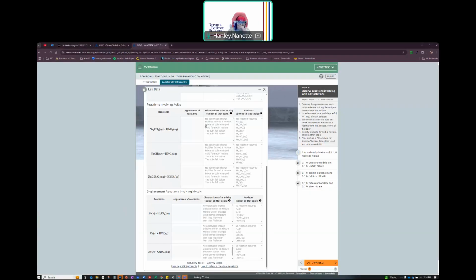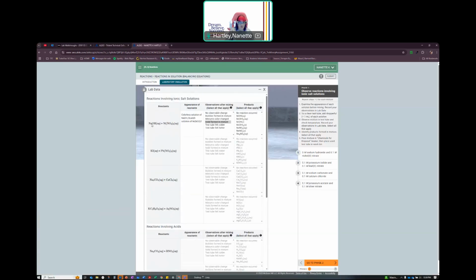Now, so I know that I've done a double displacement reaction for this particular reaction here. I did my observations, I made a solid, and my solid that I made had to be that nickel hydroxide. And it has to be an Ni(OH)2, but it's not an aqueous. I made an Ni(OH)2 solid, and I also made an NaNO3 aqueous.